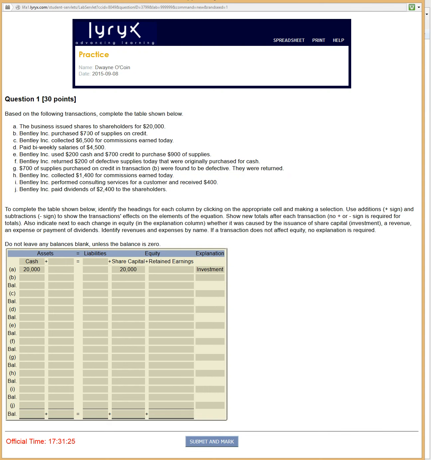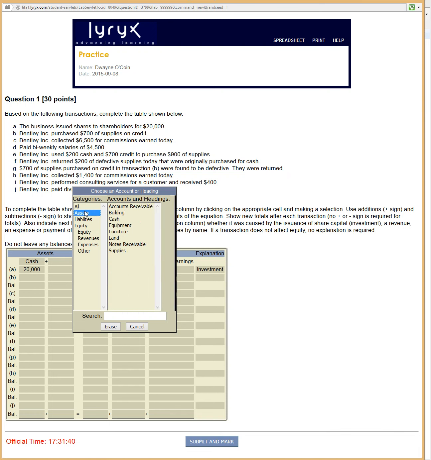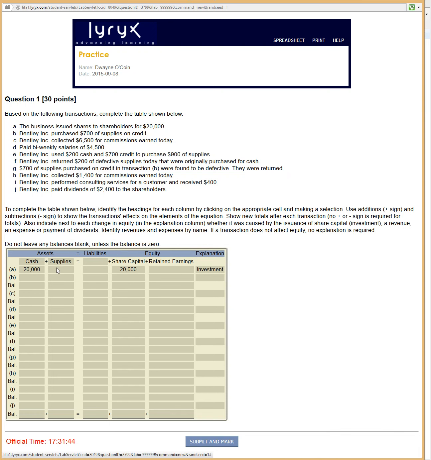Then it says we purchased 700 of supplies on credit, so that means we have a new asset of supplies, 700.